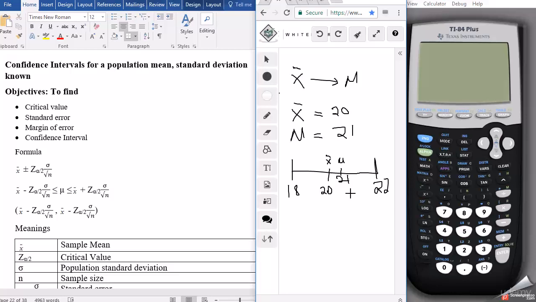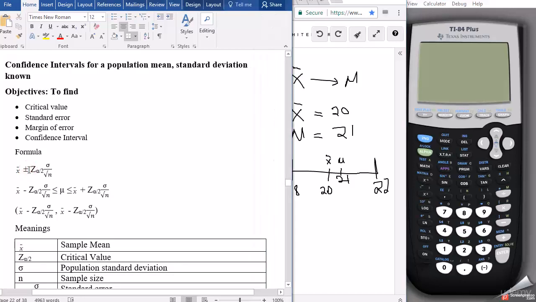Okay, so that is why we do that. We use confidence intervals to predict the population mean or population parameter. So to do confidence intervals, like we talked about, we want to know the critical value, the standard error, the margin of error.